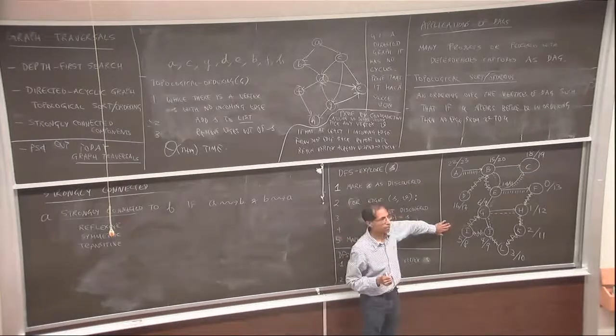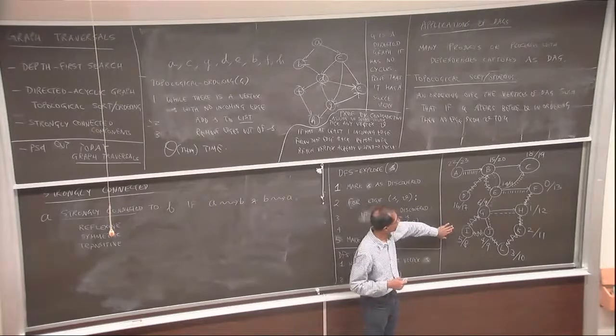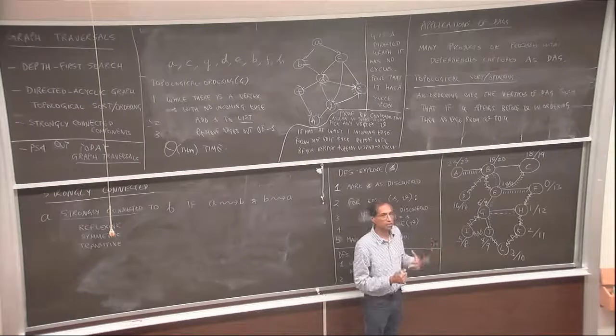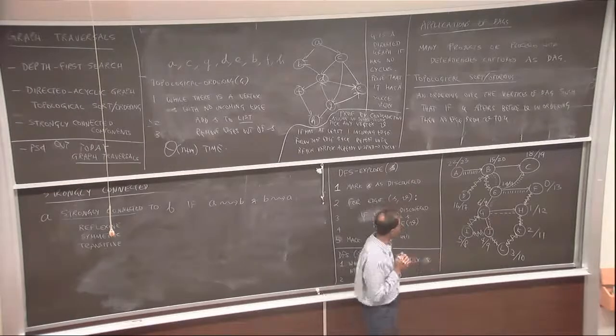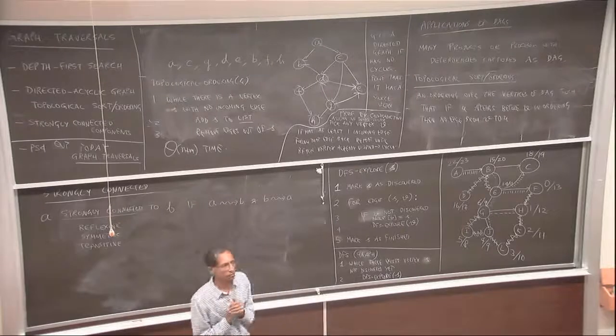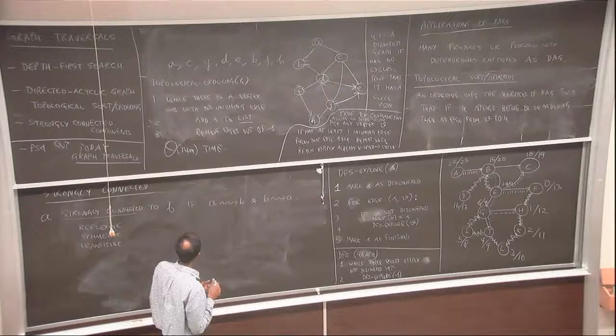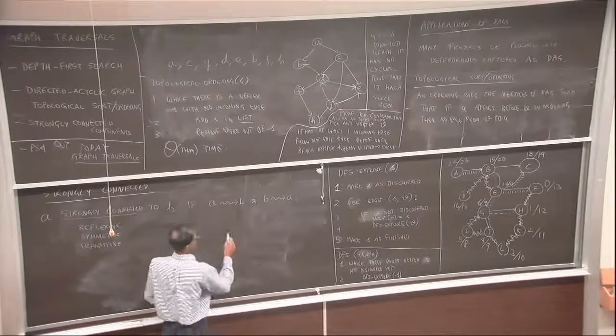Does this graph have cycles? Yes, we had back edges, and so clearly we discovered cycles. So let's try to understand which vertices are strongly connected to whom. Is A strongly connected to anybody? No. So A is by itself.